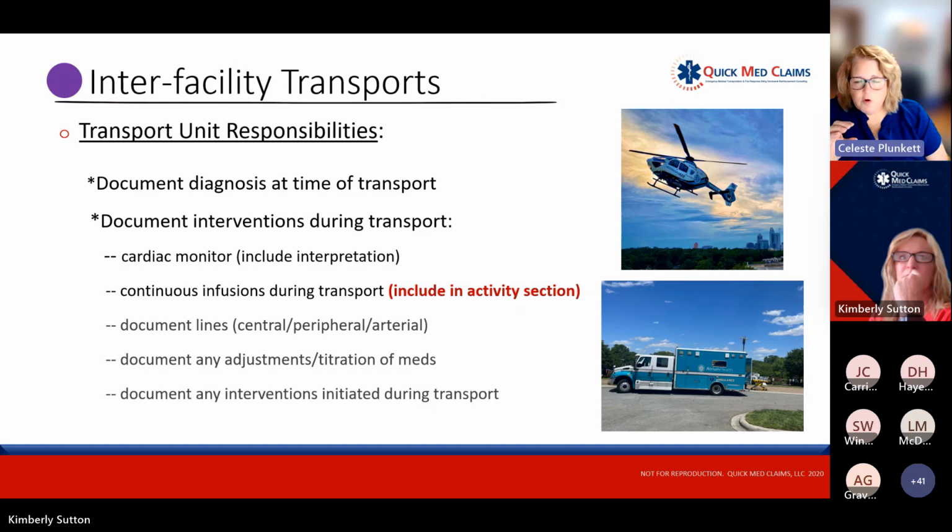There's that section for meds prior to transport. Then in the activity section, just make sure that you are individually listing out what you are infusing during transport. If the patient has a central line, peripheral line, arterial line, SWAN, anything like that, document that, and any titration of the medications, because again, that helps us with the levels of service.